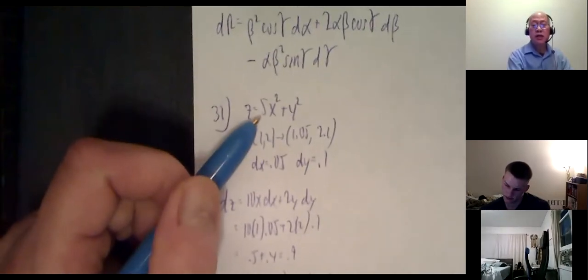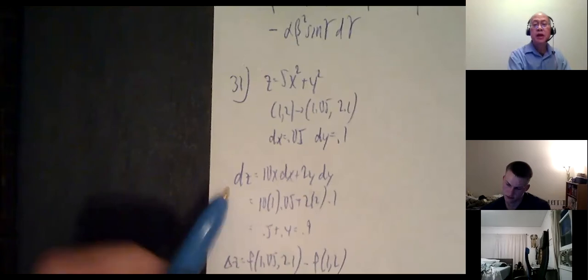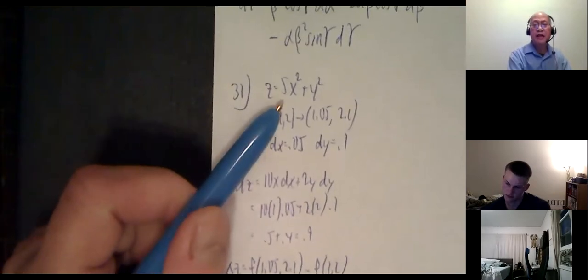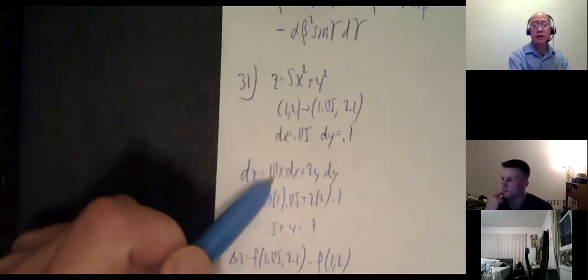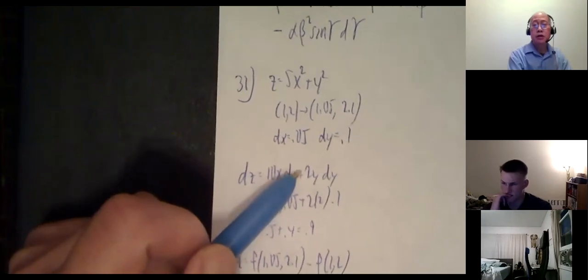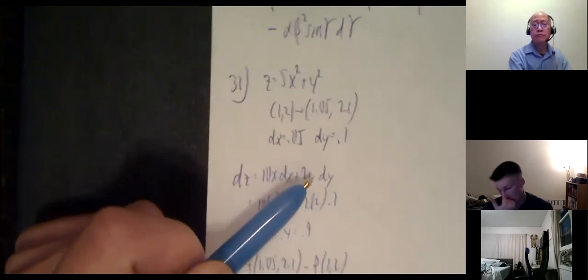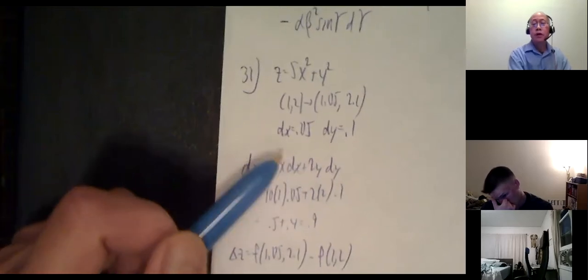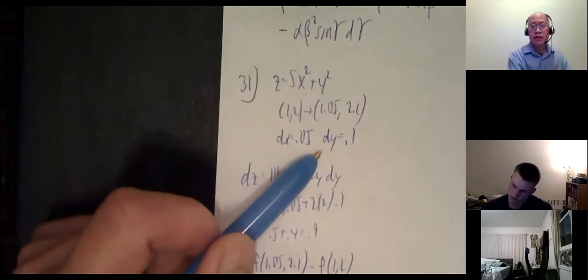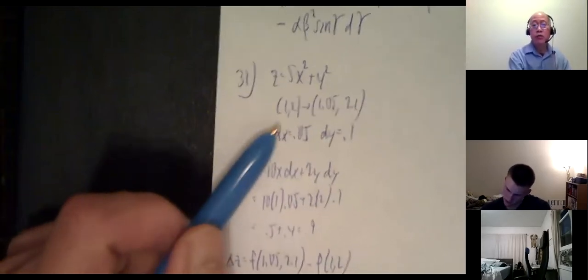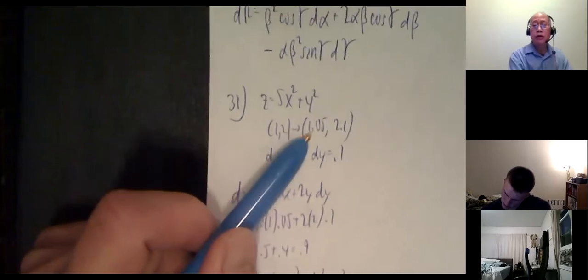Okay, so z is 5x squared plus y squared. So dz is the partial with respect to x times dx. So derivative with respect to x, 10x, plus partial with respect to y, 2y, times dy. Okay, what are the dx and dy? This is like delta x and delta y. So I went from 1 to 1.05.